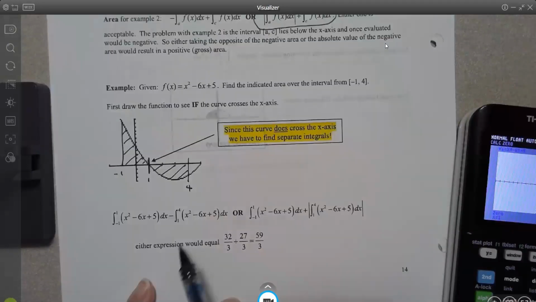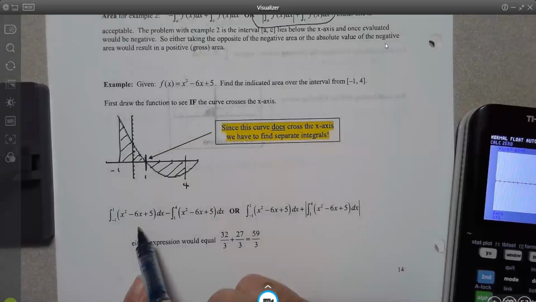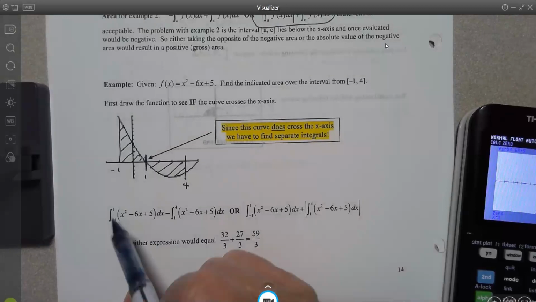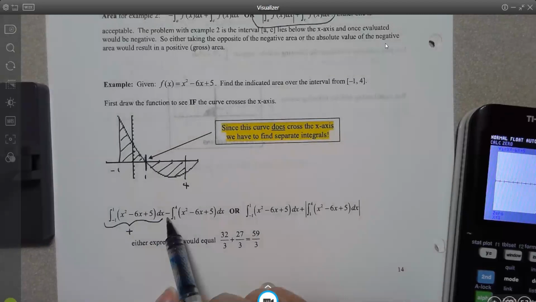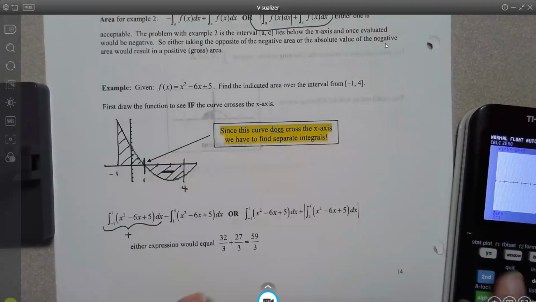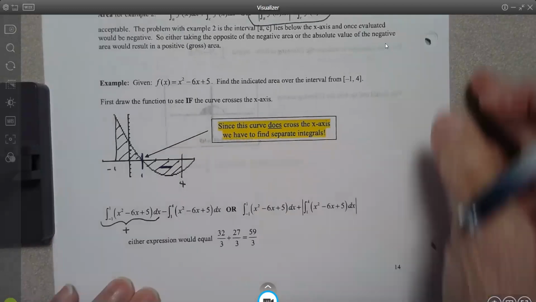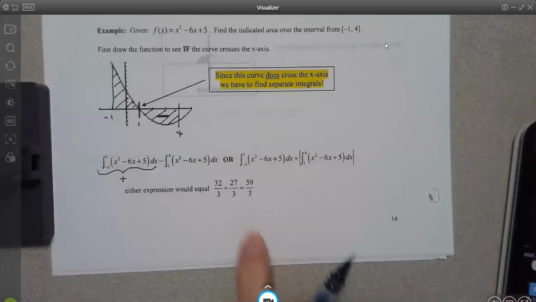As long as it's above, I can go from -1 to 1, and it's all right because this will give me a positive value. I could subtract because right now this is negative, and if I subtract it, it will change it to positive. Or I could do it using the absolute value. So that's what it should come out to be. We're going to see. Let me get a sheet of paper.